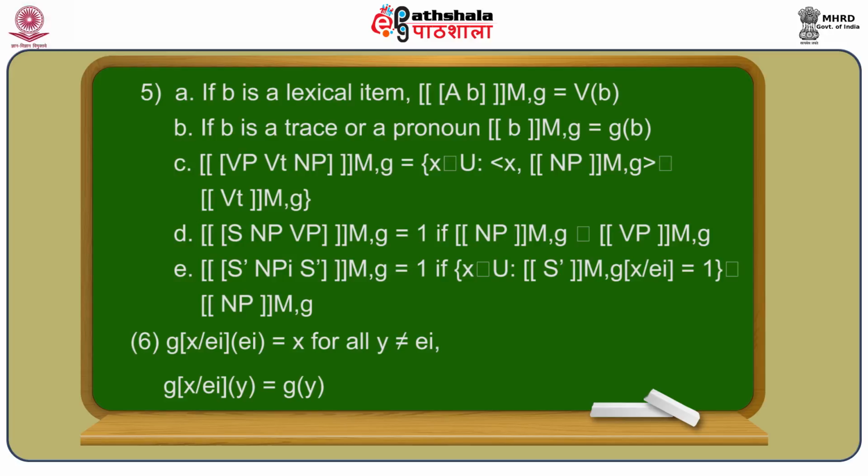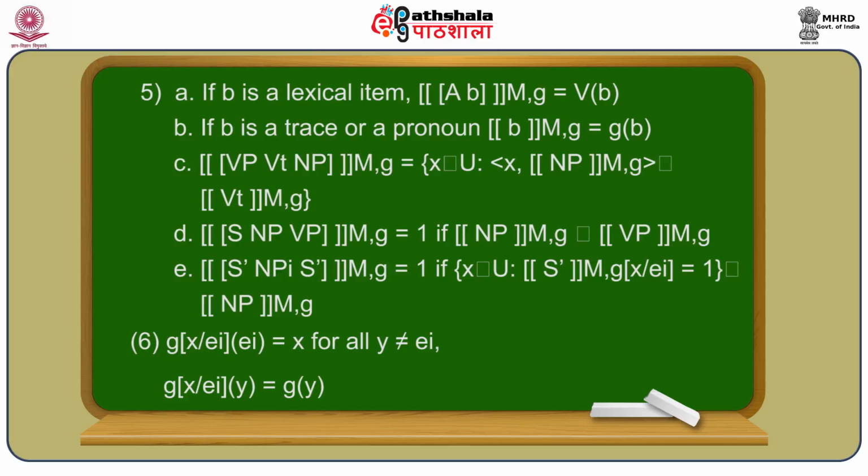Here we use the notion of what's called a modified assignment function. A modified assignment function g followed by x slash e sub i is defined as that assignment function that is exactly like g, except possibly in what it assigns to the trace e sub i, in the following way: g x slash e sub i, when it applies to e sub i, gives you x.